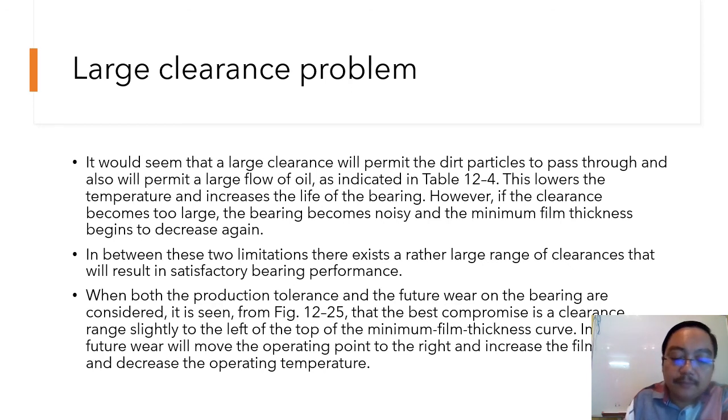Figure 12.25 shows you the range when you apply the bearing; make sure it is within the range, and as time goes by it will increase, and of course you have to do the maintenance, change it regularly and everything.